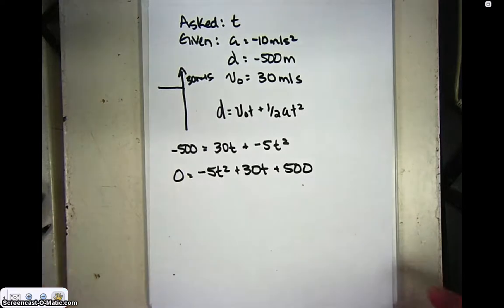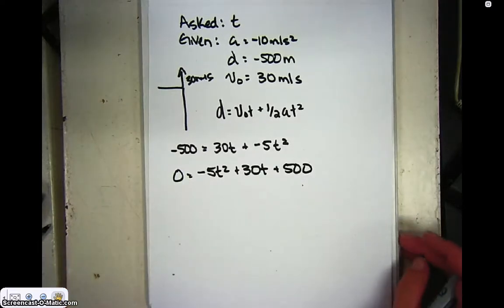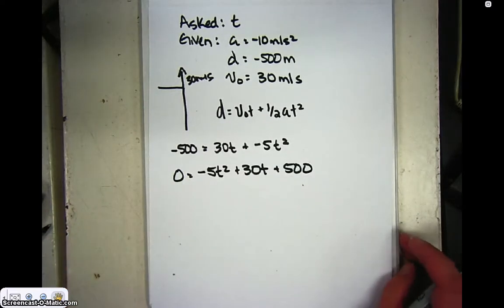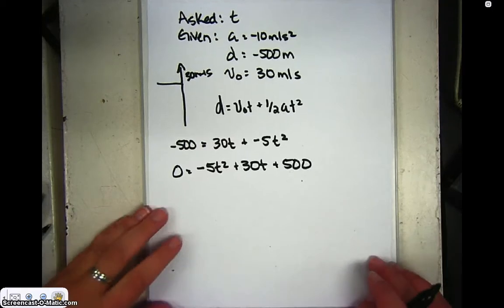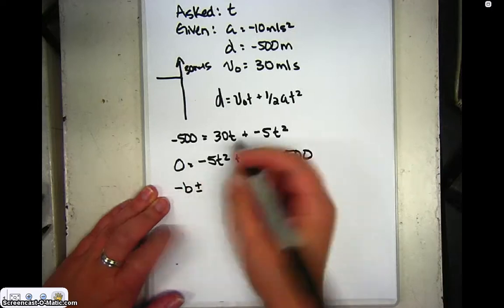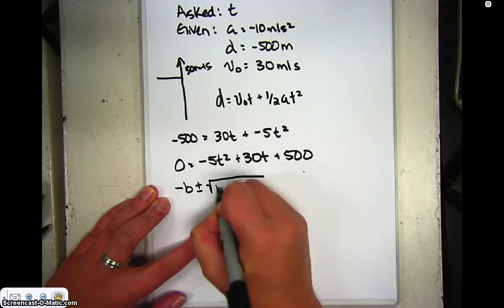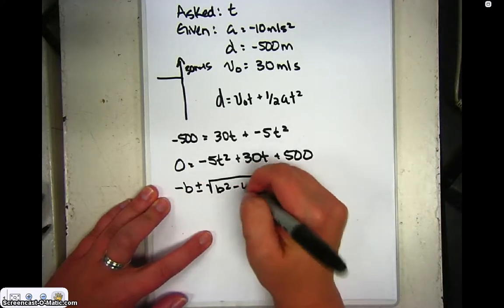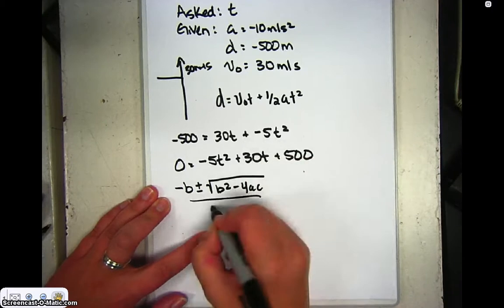Okay, so we have to remember our quadratic equation: the opposite of b, plus or minus the square root of b squared minus 4ac, all over 2a.